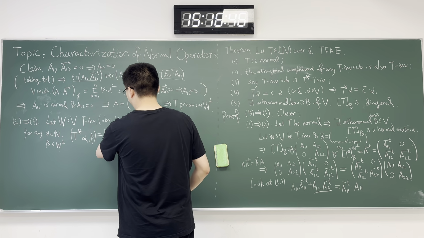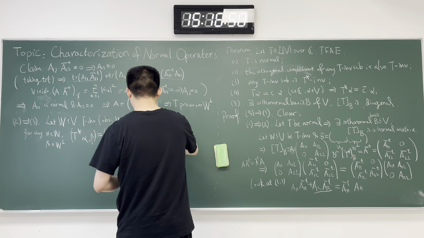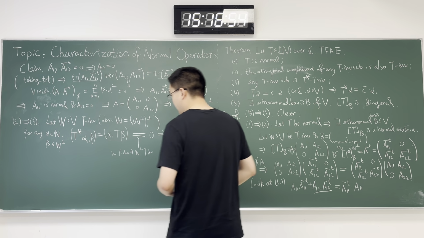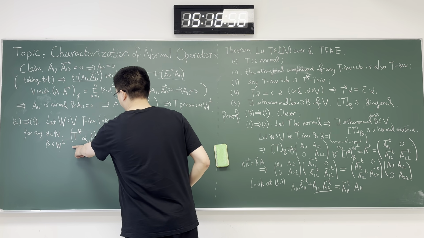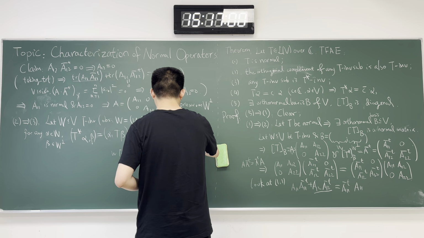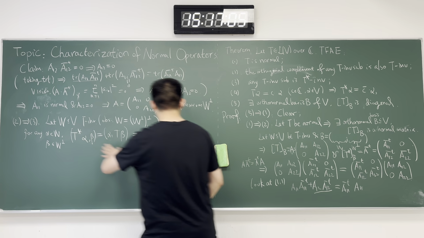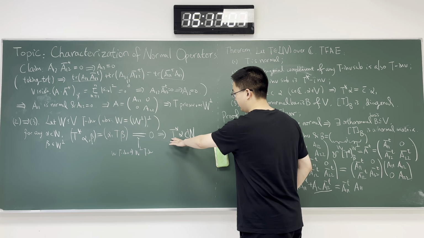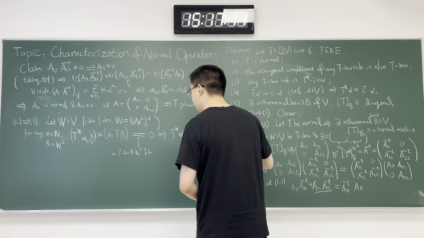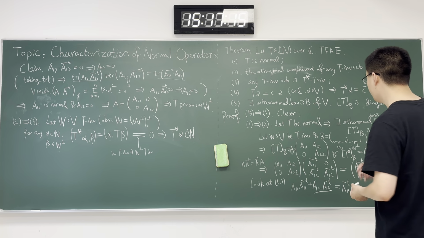That means the inner product of alpha and this vector in W perp is 0. So T star alpha is perpendicular to any vector in W perp, just T star alpha in W. So from any vector in W, its image under T star is also in W, which means that W is invariant under T star. So that's an easy proof from 2 to 3.